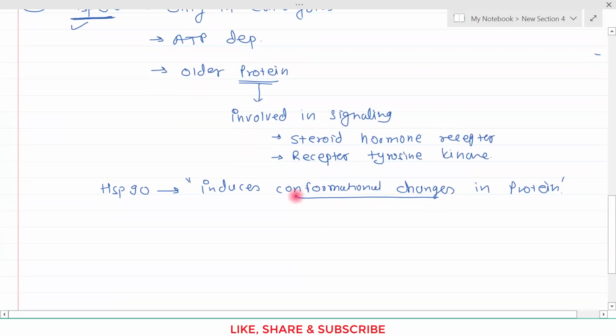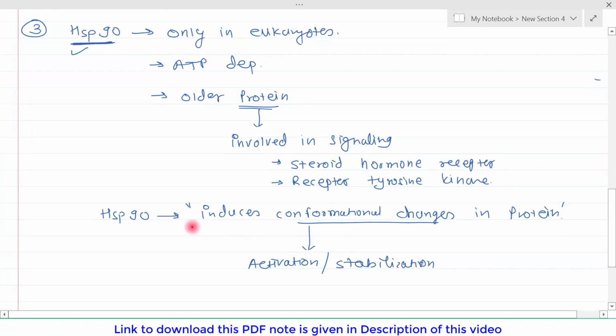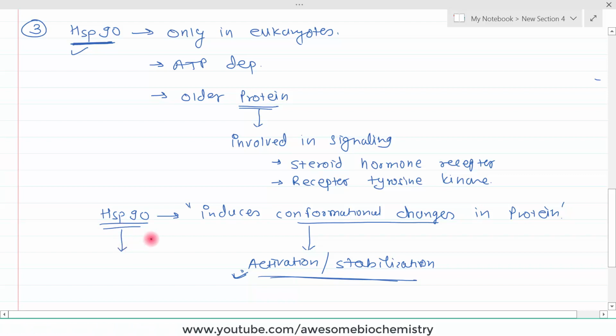Because of these conformational changes, a particular protein may get activated, so it undergoes activation or stabilization. So see what happens. If HSP90 works on a particular protein, it may lead to activation, and if it does not work, it leads to deactivation. So by this activation and deactivation, it is thought that HSP90 must have some kind of regulatory role in our body.